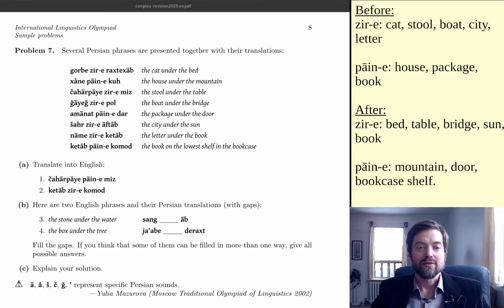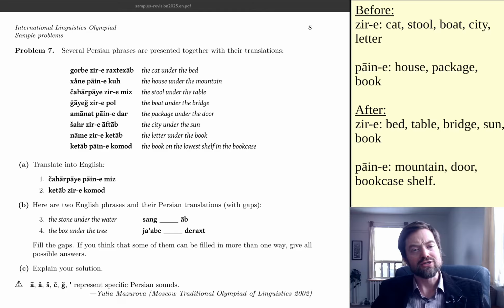Okay, and then for the other pieces, the book. This one, we have another one that's similar. So the book on the lowest shelf in the bookcase, so that one is not completely covered by the bookcase. Whereas, because it's on the lowest shelf, it's below the bookcase.